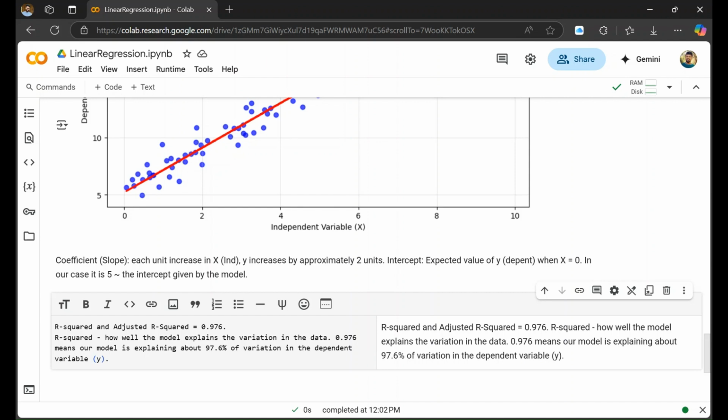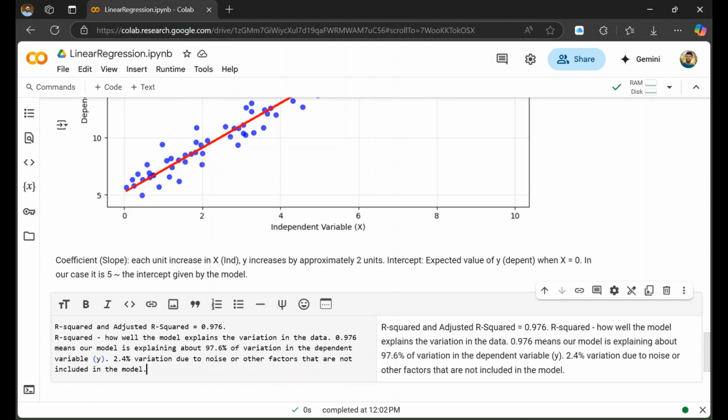The remaining 2.4% variation is due to some random noise or other factors that are not included in the model. There may be other variables affecting our dependent variable, but we did not consider those for our model due to various reasons, such as lack of data.